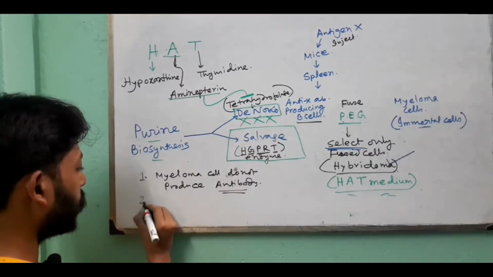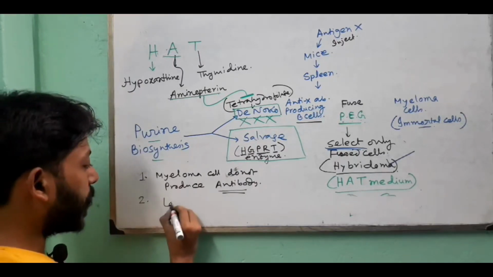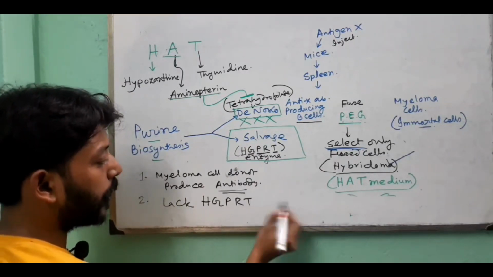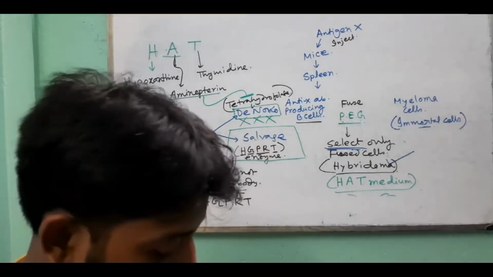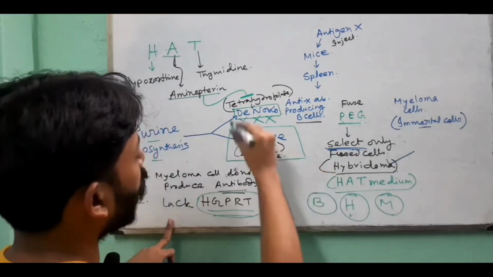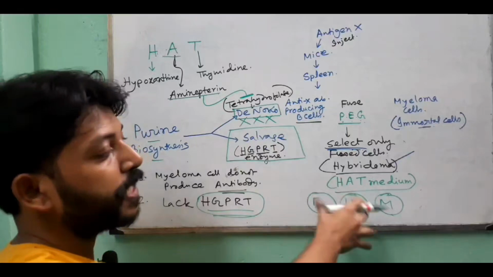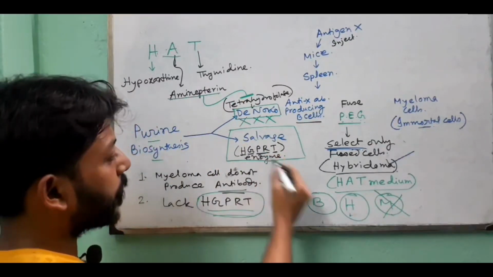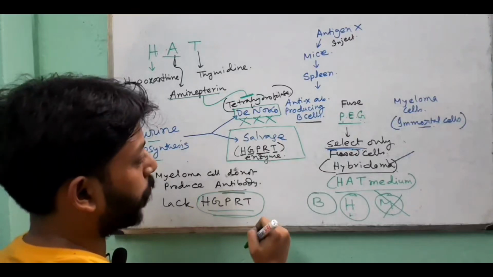And the second important fact is that this myeloma cell lacks the HGPRT enzyme. Now you understand. So the myeloma cell will not replicate in this medium. The myeloma cell will degenerate, because it cannot go through the salvage pathway.